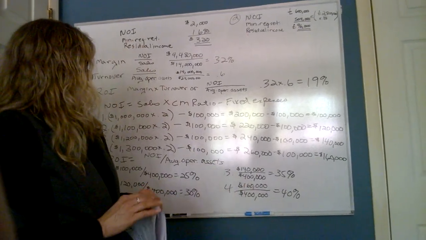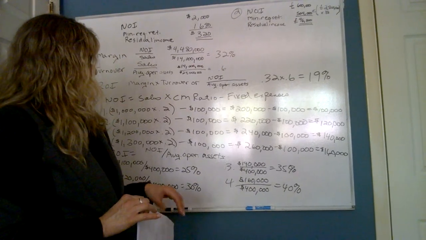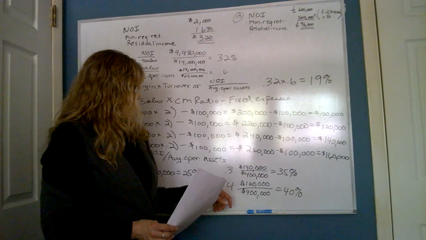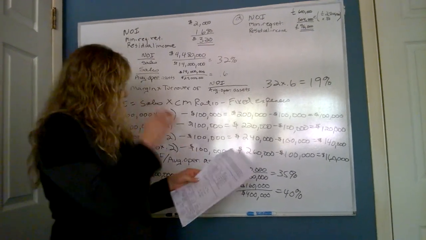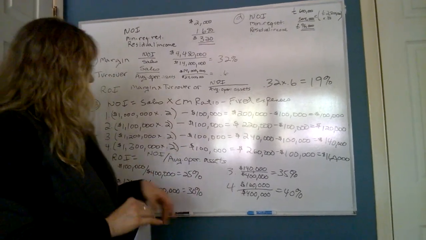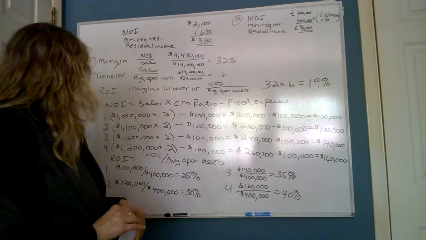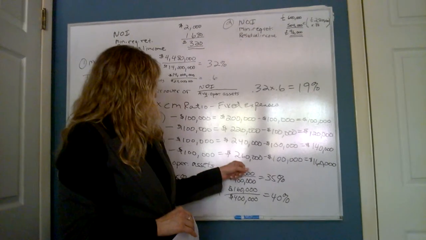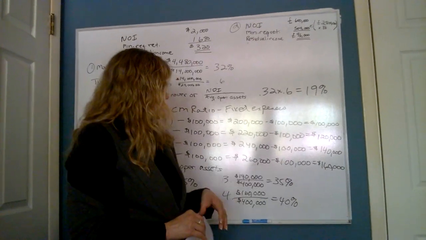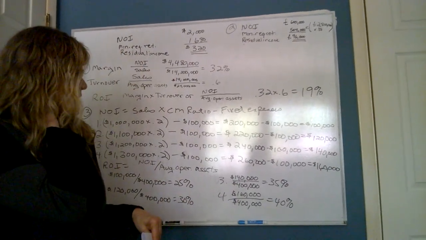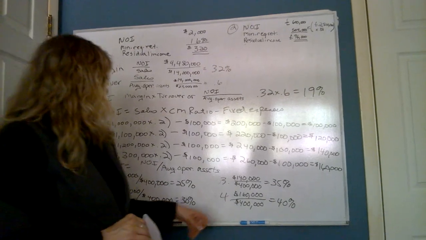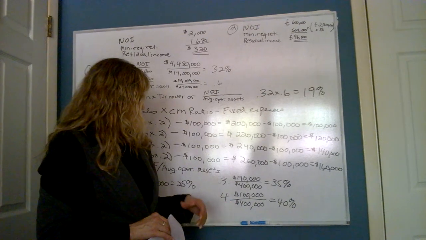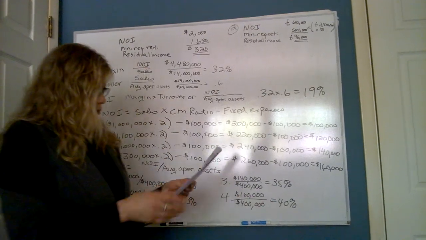Subtracting fixed expenses of 100,000 gives 140,000. Divided again by 400,000, we get 35%. Our last one is 1,300,000 times 20%, which is 260,000 minus fixed expenses of 100,000, gives us 160,000. Divided by 400,000, that gives us 40%.